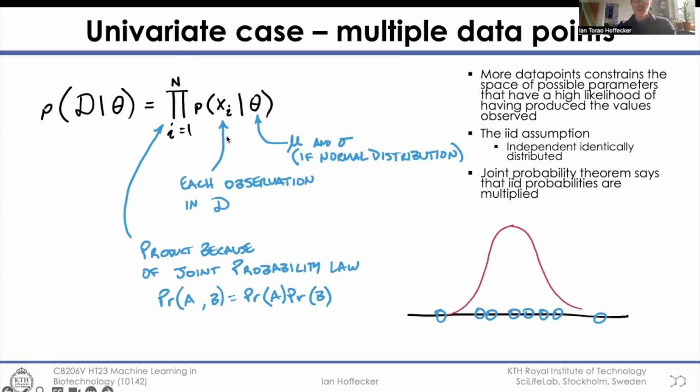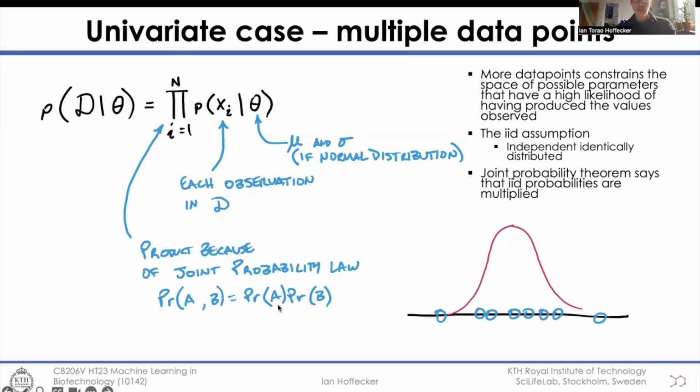If we recall the rule of a joint probability, remember that if events are sampled independently, the probability of two of those events occurring in conjunction with one another, A and B, is going to be the product, the multiplication, of those two events. And you can extend this, right?